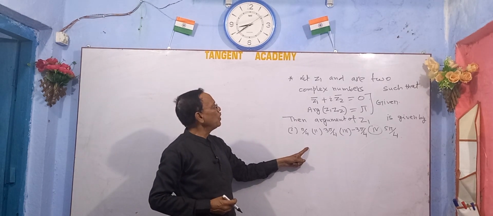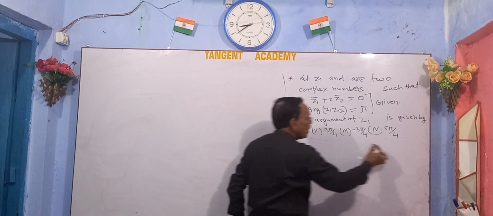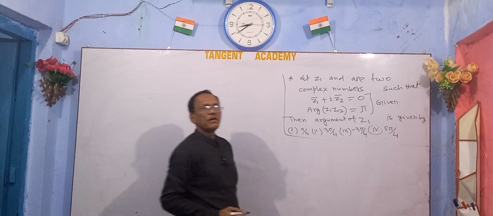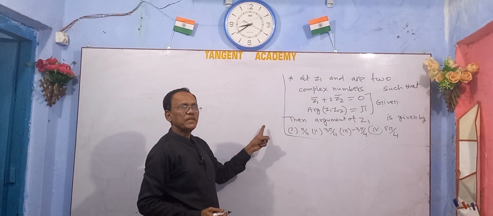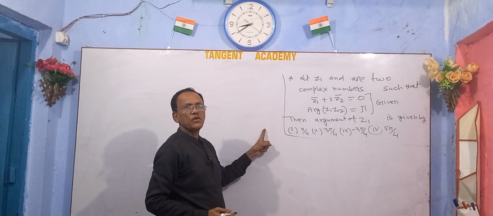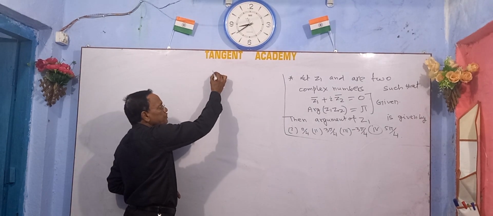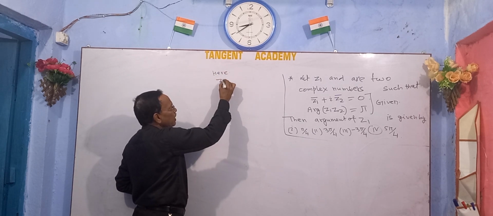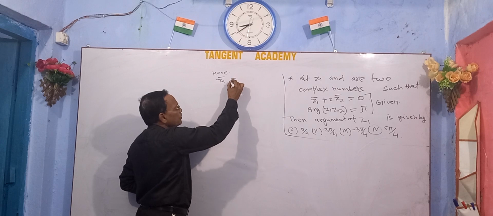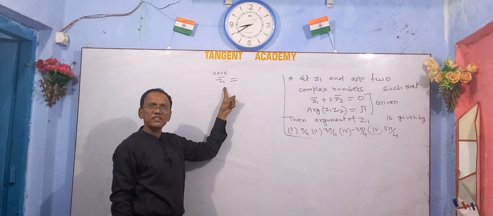I will choose the option with an explanation of how it occurs. Let us see the property of conjugates. Here Z1 bar means the conjugate of the complex number Z1.